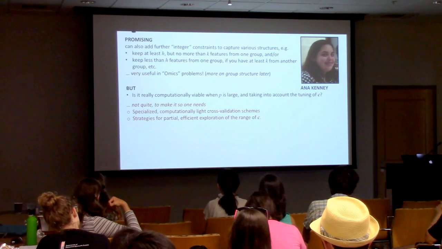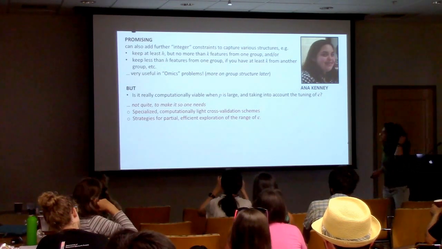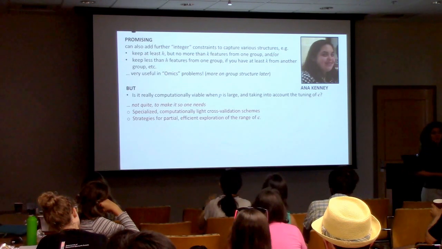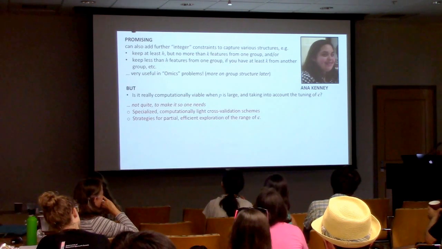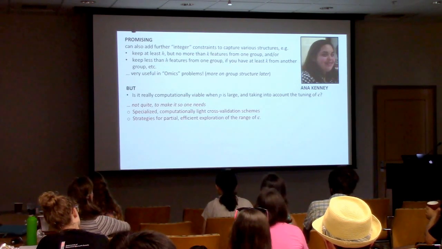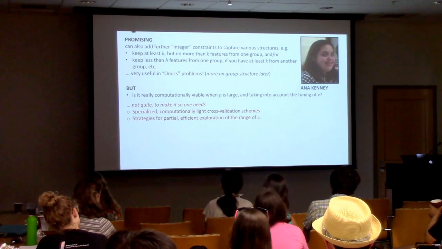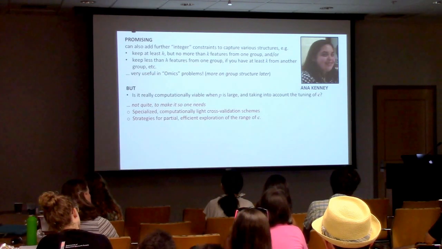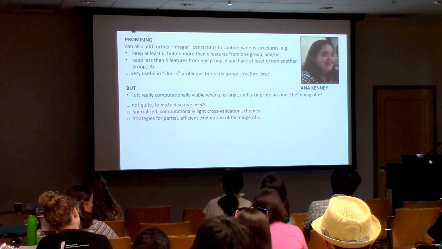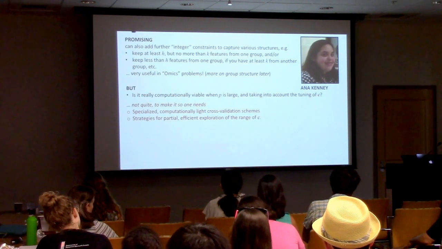At least in the exploration we're doing, to make it computationally viable you need especially light cross-validation schemes that utilize some of the structure in that optimization problem, and also strategies not to explore the whole range of possible Cs, but to do a smart exploration of it. Otherwise, you can't really run it in a reasonable time even on problems of the sizes they were mentioning, hundreds or thousands.